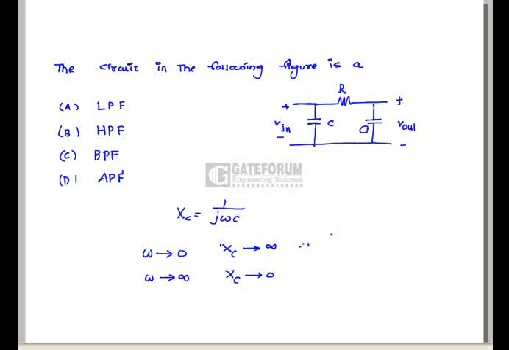Here in the first case where omega tends to 0, capacitor acts as an open circuit. Whereas in the second case where omega tends to infinite, capacitor acts as a short circuit.